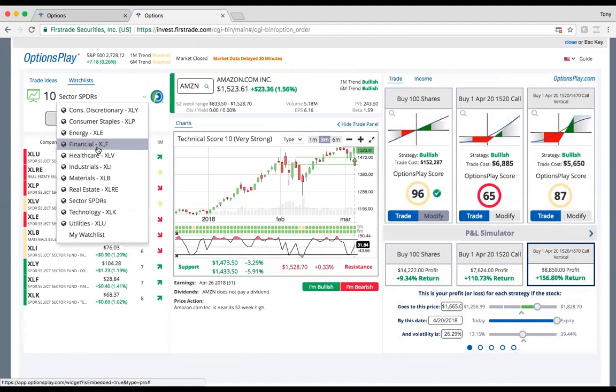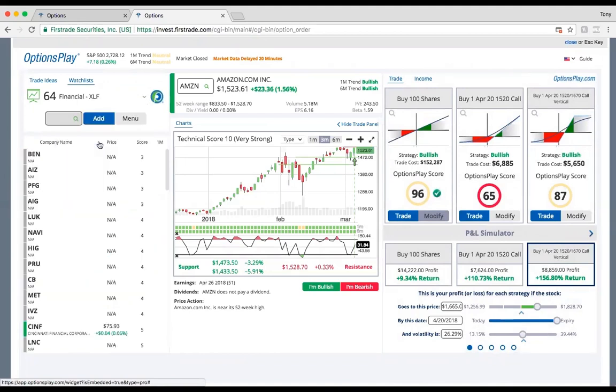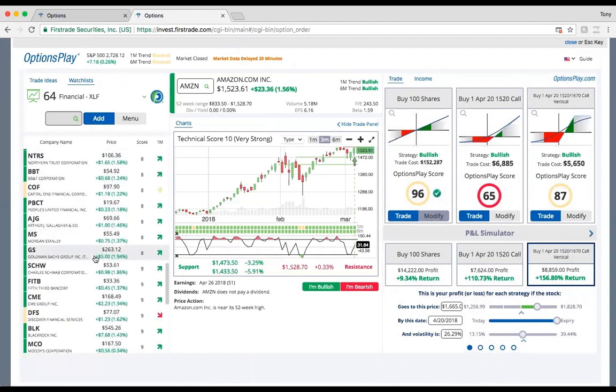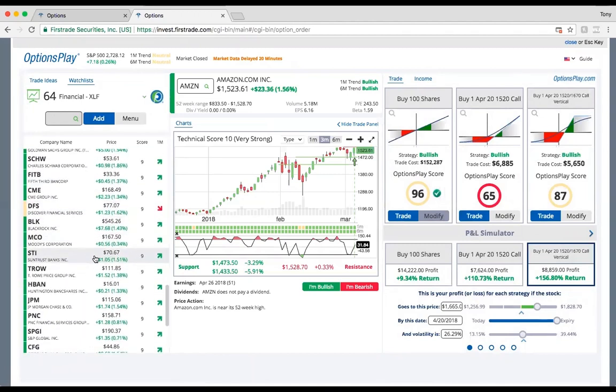You can also drill down within each sector. So if you want to take a look at financial stocks, you can very quickly see all the financial stocks and how they're performing. This is designed to give you new trading ideas every single day. You can also set up your own watch list so that you can create a list of stocks that you want to follow.